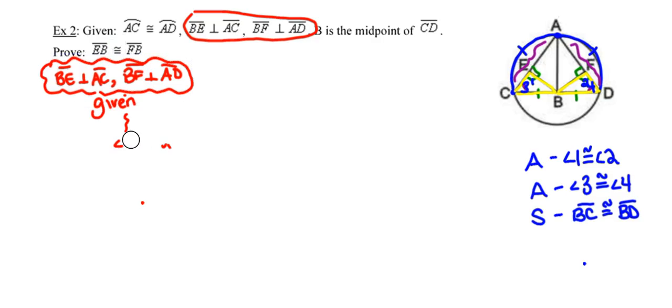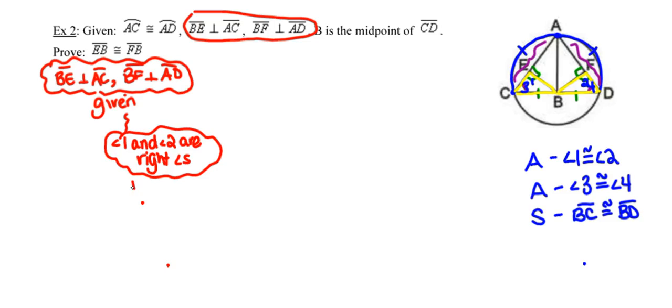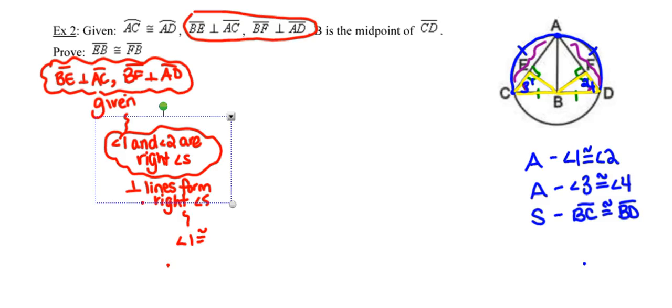I don't want to say they're congruent quite yet. And that's because the perpendicular lines make right angles. And now I can go ahead and say those angles are congruent to each other.